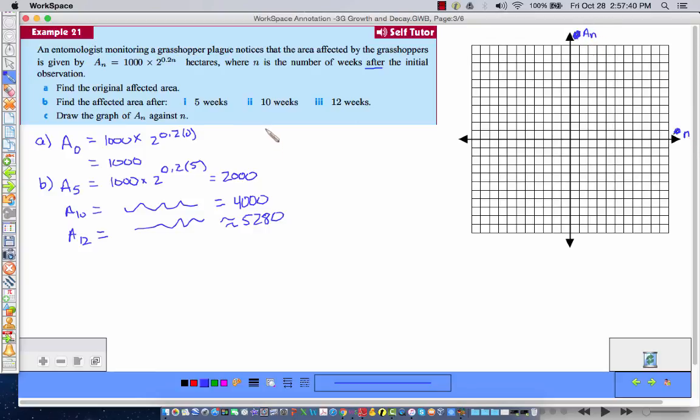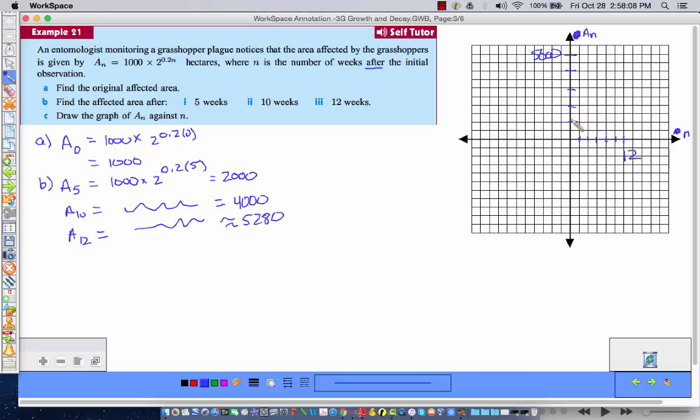And so I've got out to about 12 weeks. So I'm going to say this is 2, 4, 6, 8, 10, 12 weeks. And then how high are we going? We're going up to about 5,000. So we'll say 1, 2, 3, 4, 5,000. Okay.